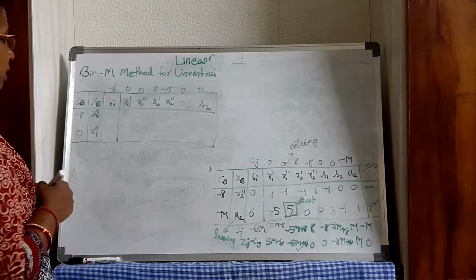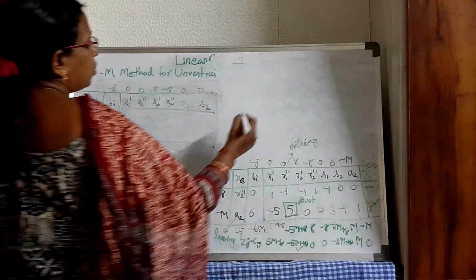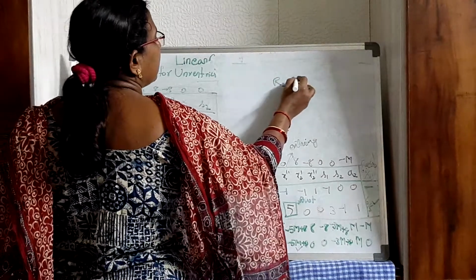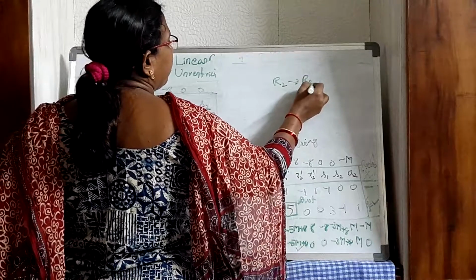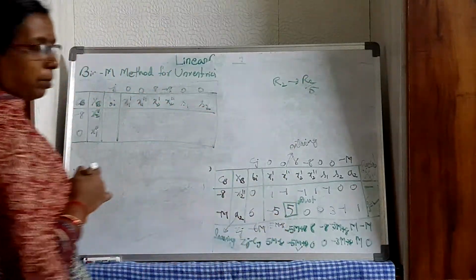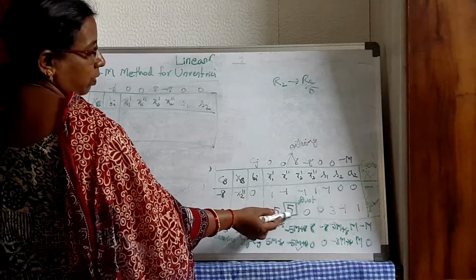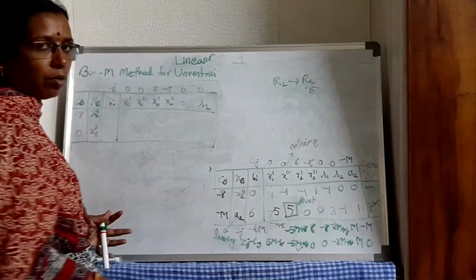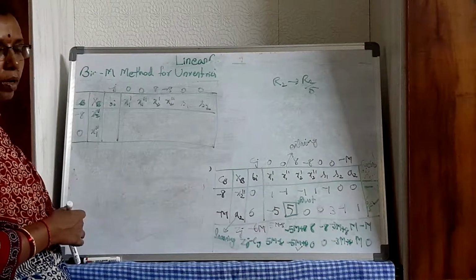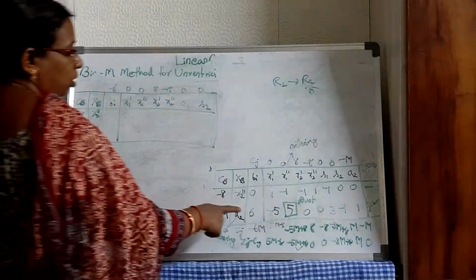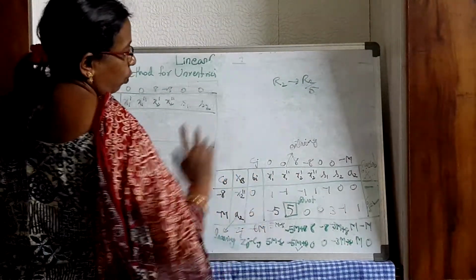So the transformation I'll write is R2 by 5, because I have to make this pivot element 5 as 1. When I divide this 5 with that 5 you will get 1. So I'll divide that whole row R2 from BI with 5.